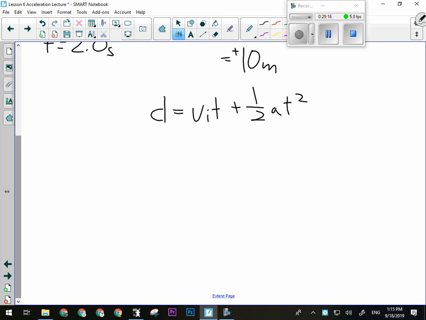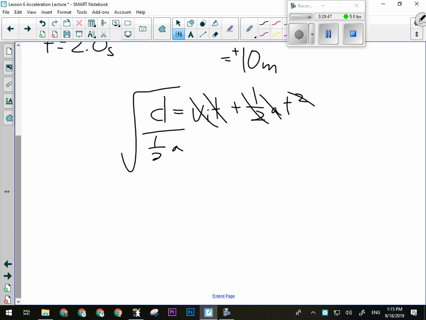So if vi is 0, vi times t is also 0. 0 plus 1/2 at squared is just 1/2 at squared. Now I can solve for t. I just divide both sides by half of a, and then what? Square root. So if you're asked to solve for t, that'll be the situation in which you would do it.